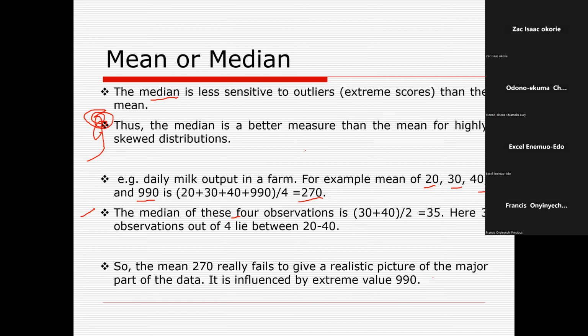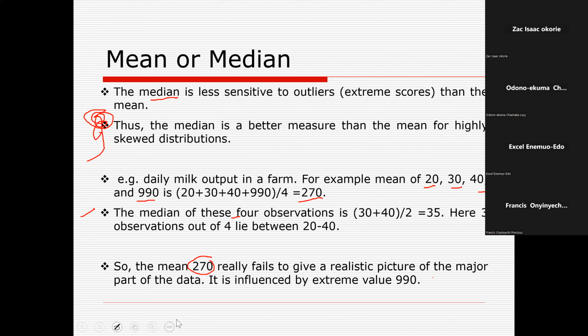Of course, you arrange the data set and pick the middle value, or the middle values and divide by 2 whenever you are dealing with even number data sets. So that is how we do it. So you can appreciate that taking a mean of 270 is unrealistic.